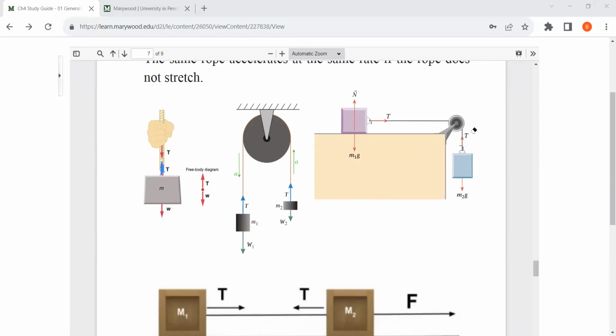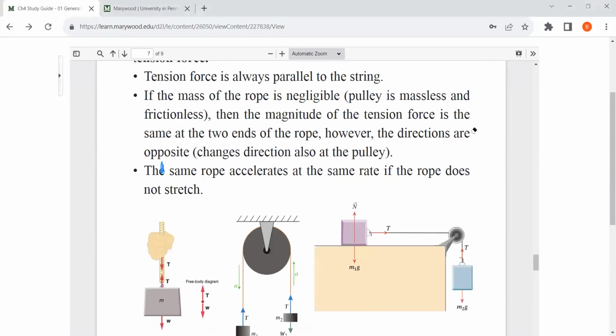The second thing is that it is always opposite to the applied force. What I mean by this is, let me go back to the picture.